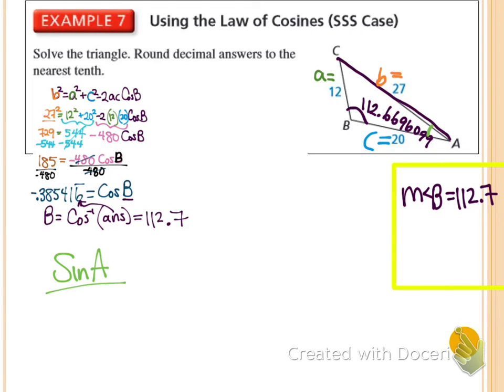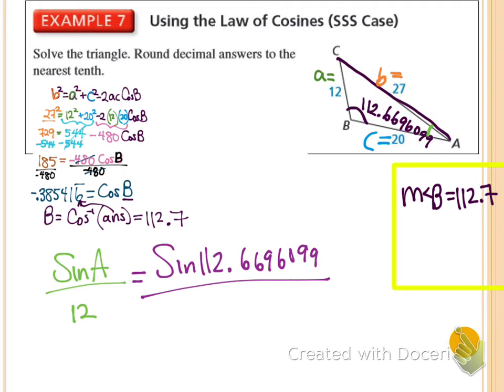So sine of angle A over side A, which is 12, we're going to set it equal to sine of our angle, 112.669699 over 27. Multiply times 12.